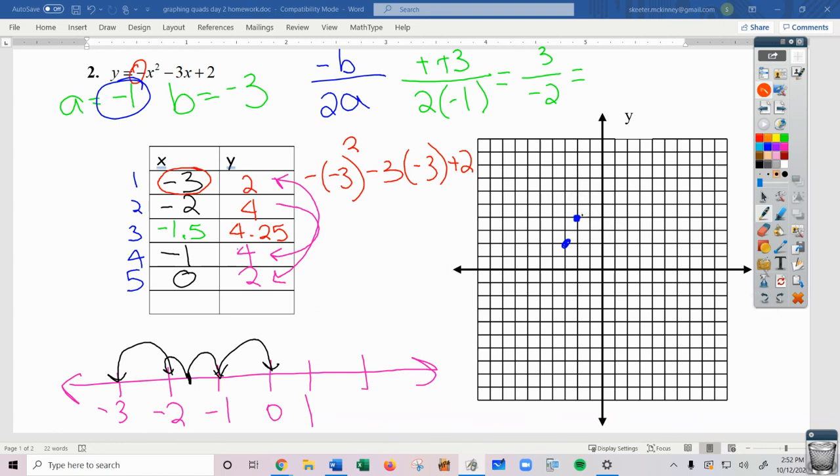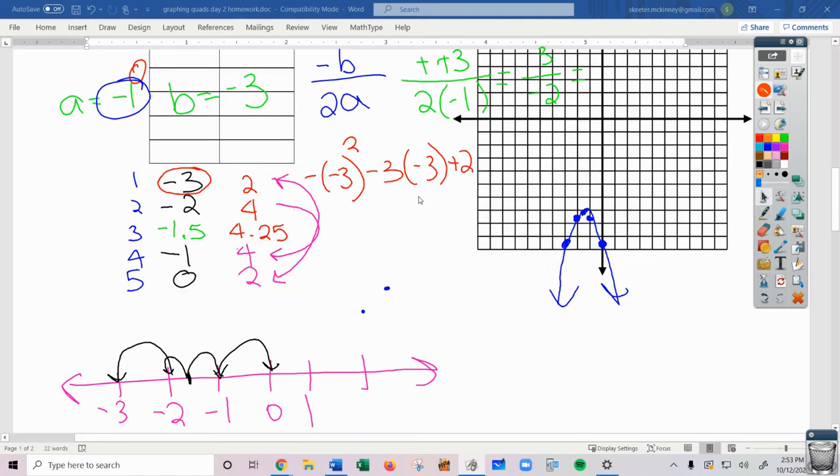Okay, then we want -1, 4, which is going to be here, and 0, 2, which is going to be here. And again, this is still our parabola opening downwards, and that's what we get for our graph.